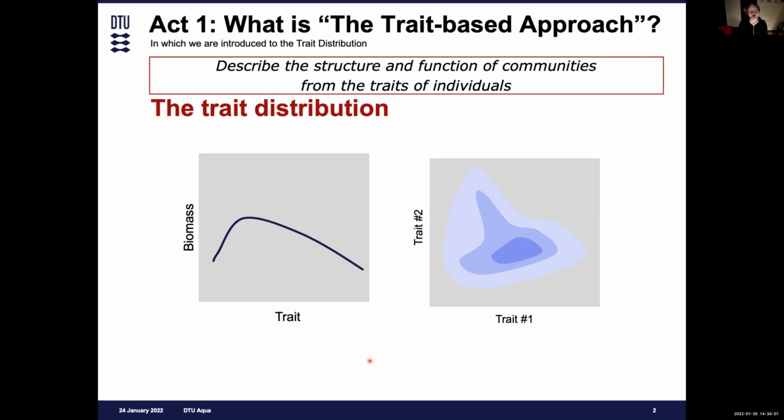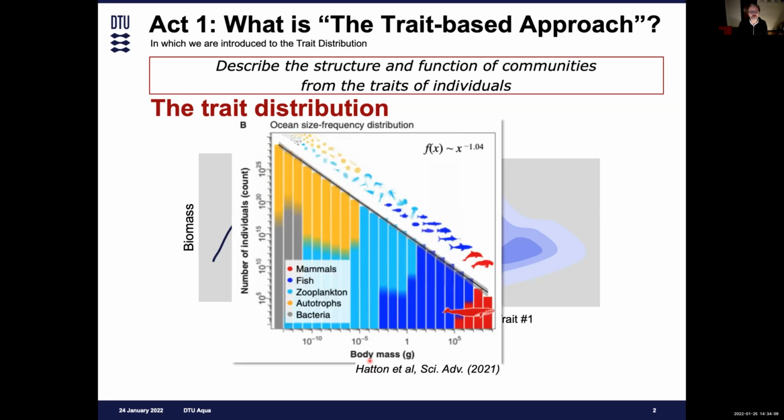I'll just give a few examples of mainly measured trait distributions here. The main trait we often talk about is size. I just want to put up a figure from a recent paper by Hatton, where they looked at the size distribution of everything, from bacteria to whales, and not just in one community, but in the entire global ocean, which is a massive effort.